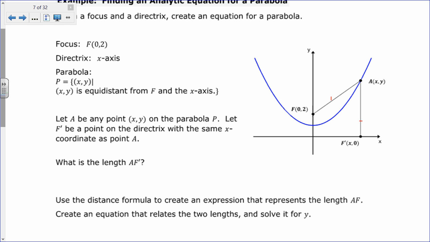Let A be any point (x, y) on the parabola P. Let F prime be a point on the directrix with the same x-coordinate as point A. What is the length of AF prime? This distance from here to here is actually the distance of y. So that means AF prime is equal to y.